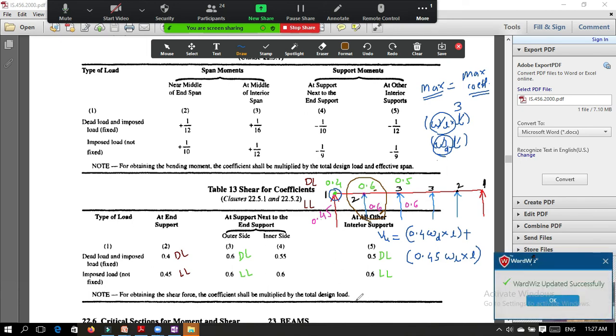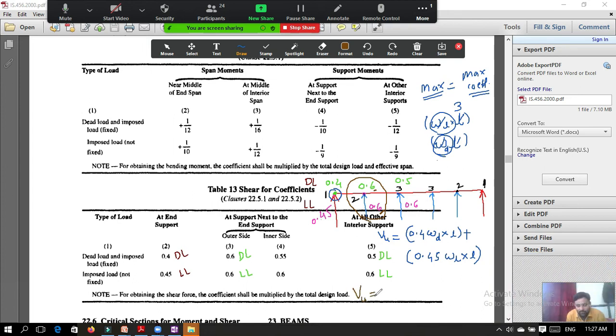Now from this I can conclude and I can write over here that if I want to calculate the VU max, maximum shear force, then I should take 0.6 into dead load into L. Okay, and the coefficient for live load is also 0.6, plus 0.6 into live load into L also. Okay, so this I should use. 0.6, 0.6 is the coefficient.